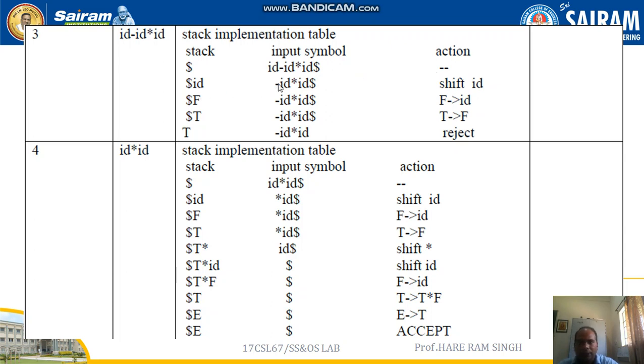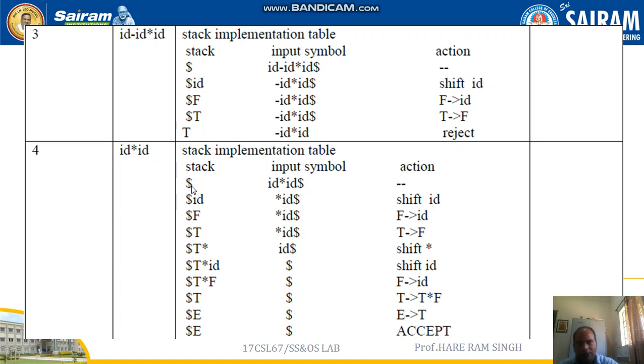First shift is id, then the input left is - id * id $. Next, id will be replaced by F, again F will be replaced by T, and T cannot be replaced by anything further. So here this is rejected. This input will be rejected under the given grammar.